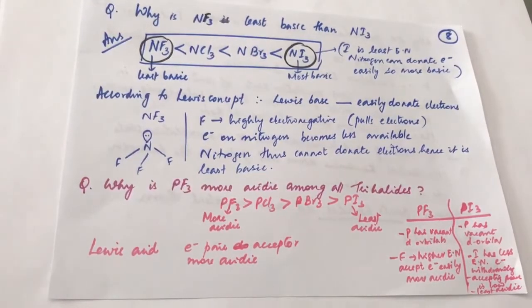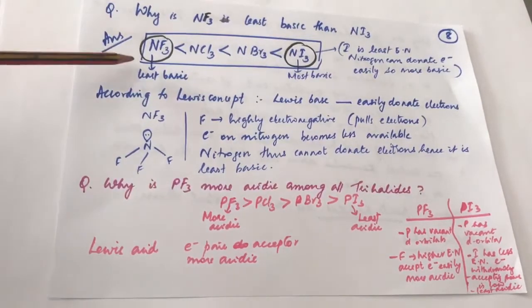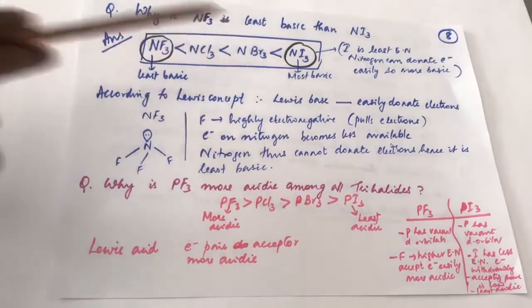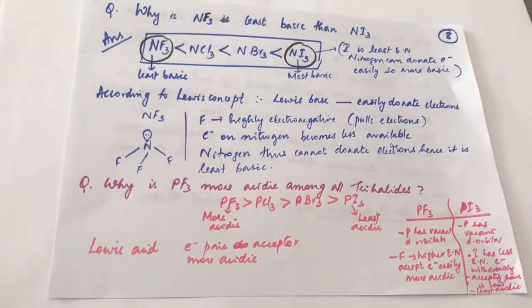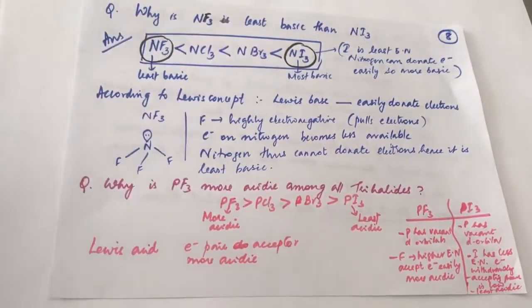You will be asked which is least basic, or according to the basicity you have to arrange them, so I have arranged it here. NF3 is less basic than NI3. Actually, it should be written like that, isn't it? Less basic. But then we have to make the point that it is least basic too.